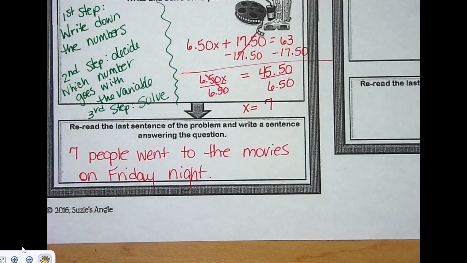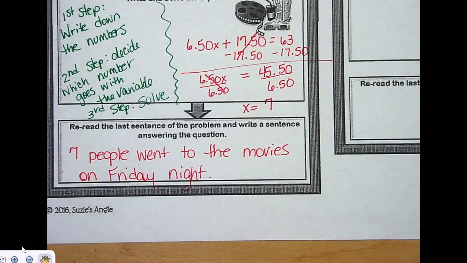Anybody still writing? Okay. Word problem, the second one. Lonnie rented a motorcycle for $40 plus $5 per mile that he rode.